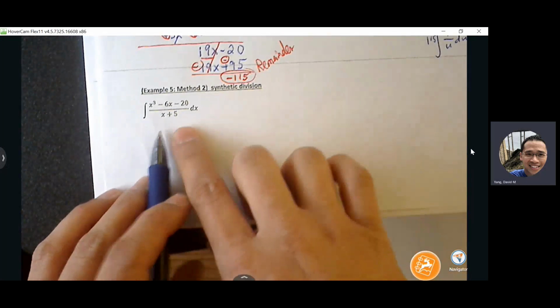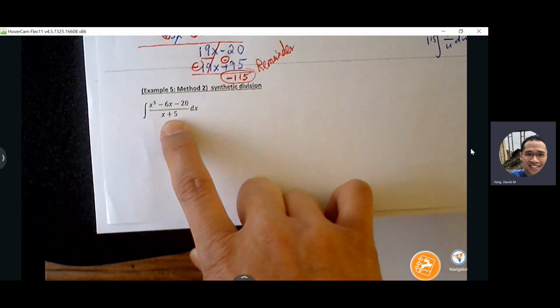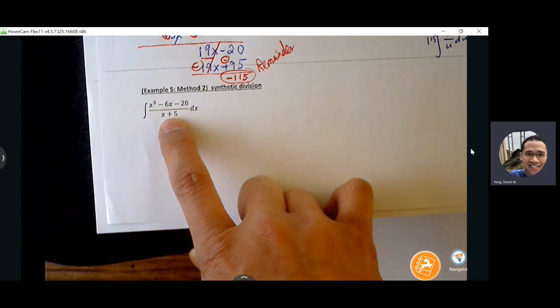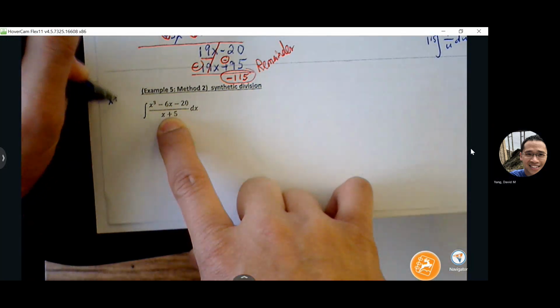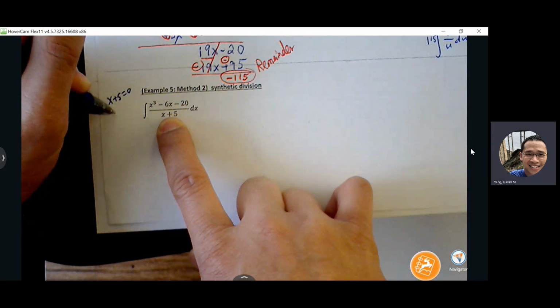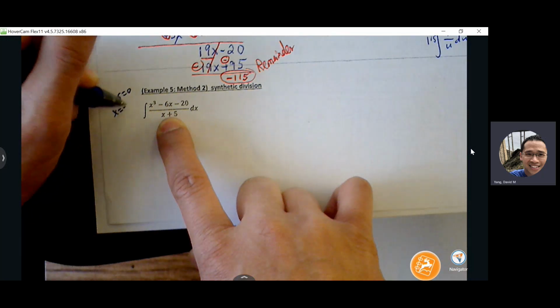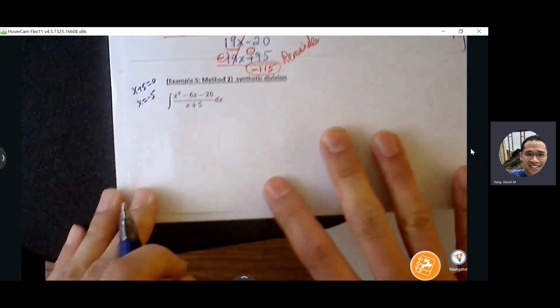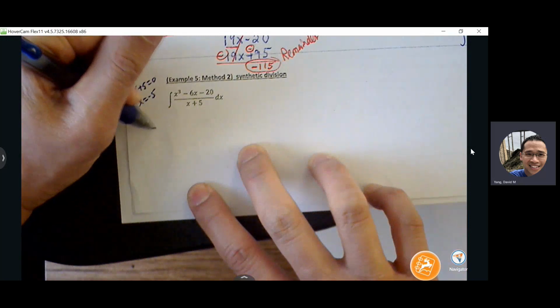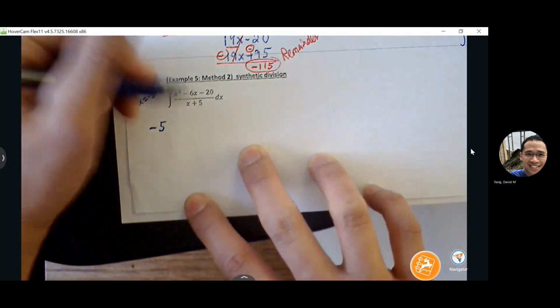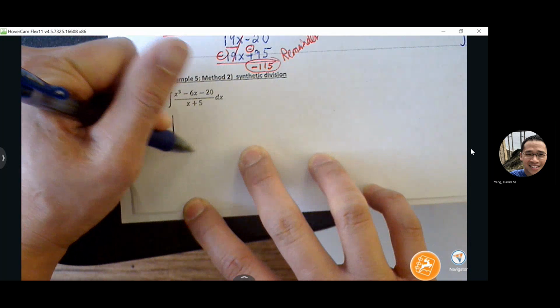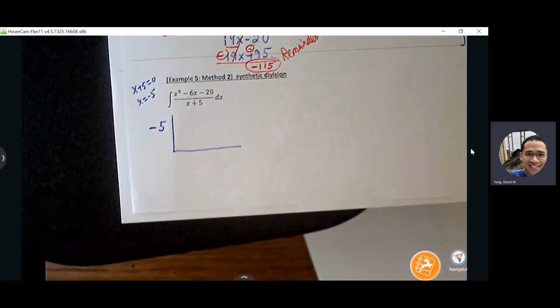For synthetic division, you're going to look for a factor in the denominator. Basically, you're going to solve for x. So we set x plus 5 equal to 0 and solve for x. X is -5. So -5 is what you're going to be using, and you're going to put -5 outside a half box.